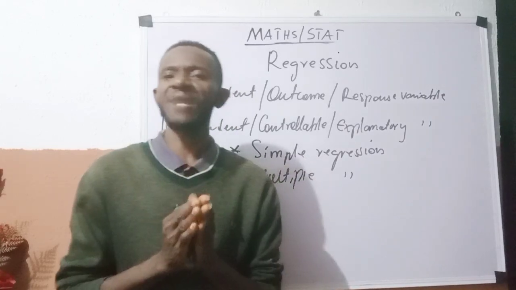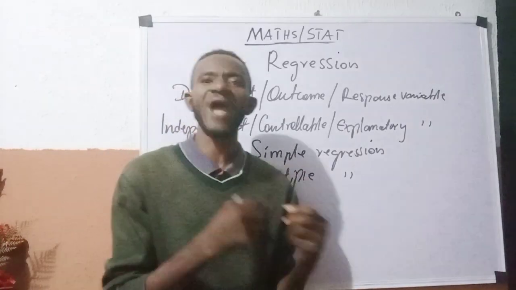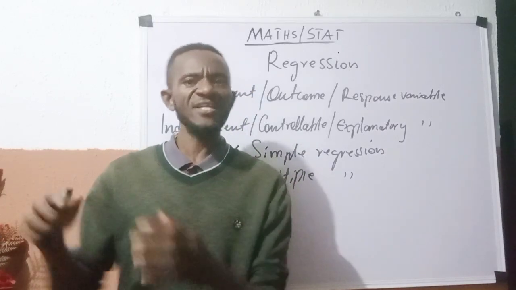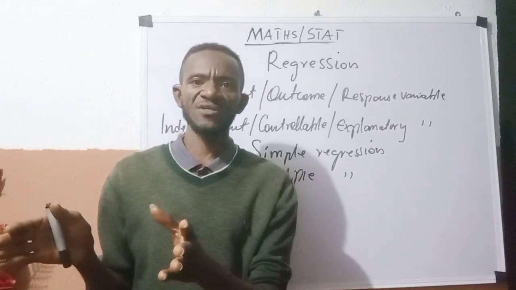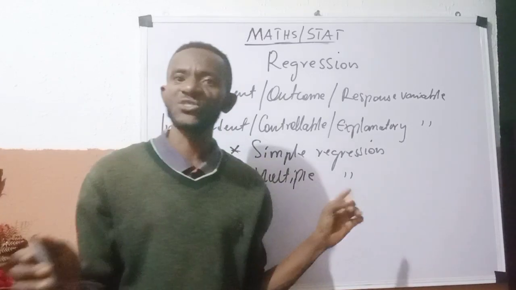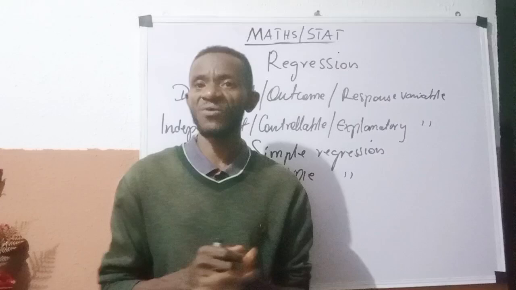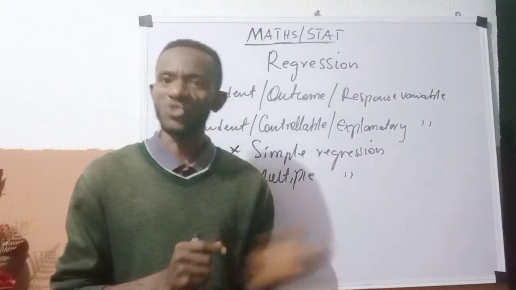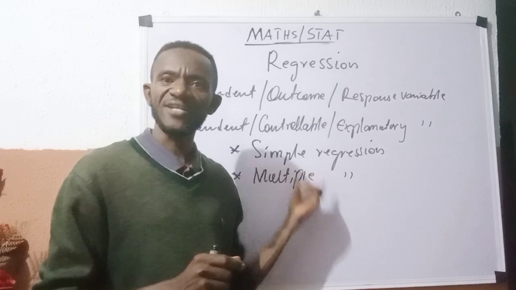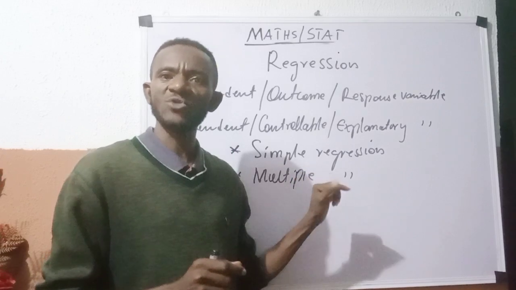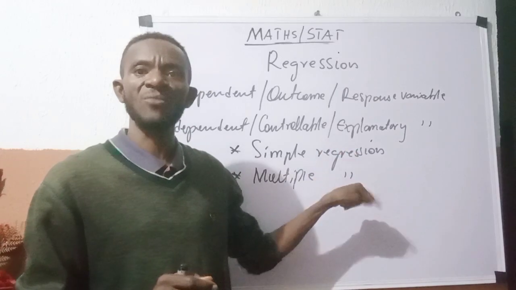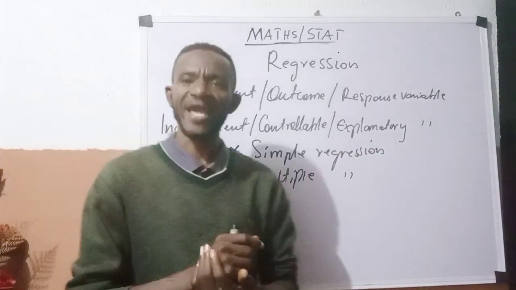But when you are looking at the performance of a student based on the number of hours of study and equally the number of study groups the student has, down the line, you are discussing what is called multiple regression. So these are the different kinds of regression that exist in terms of the number of independent or explanatory variables involved in the experiment.